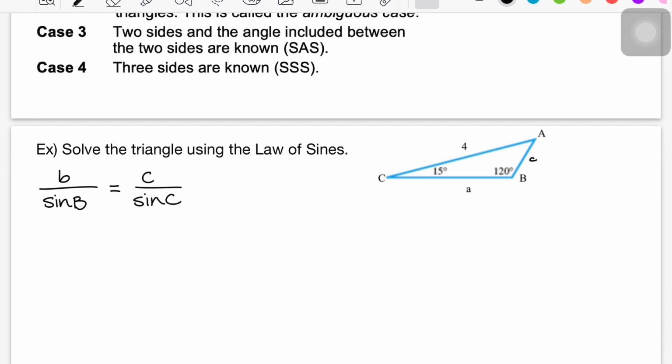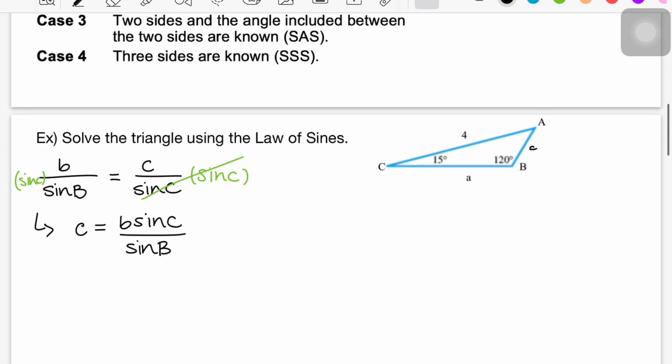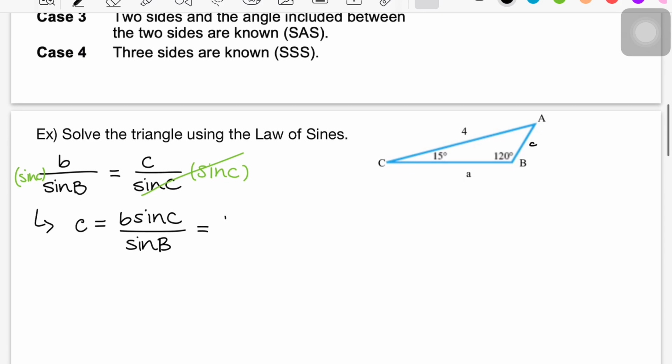So what we can do is solve for C by first multiplying sine of C on both sides, so that these cancel. We're left with C equal to B times sine of C over sine of B. Plugging this information in, B is going to be 4, that side length there.